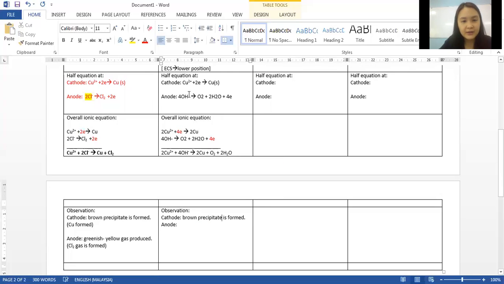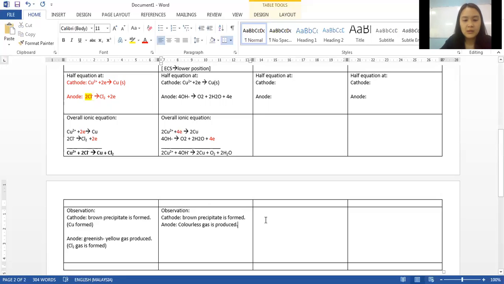Now, how about at anode? At anode, I discharge my OH minus and oxygen gas is released. Water you couldn't see because it will be mixed in your beaker, but you manage to see oxygen, which appears as a gas and is colorless. So at anode, I'll be able to see colorless gas is produced.